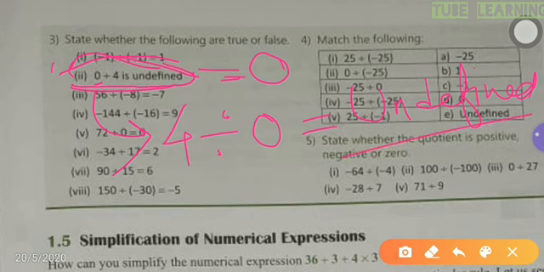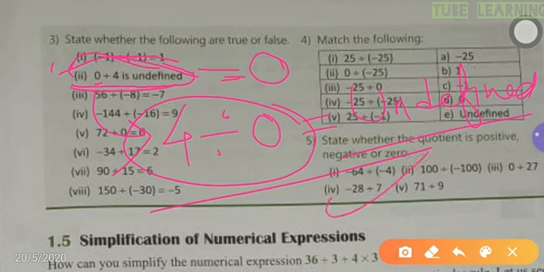If you divide any integer by 0, you will not get a result, you will always get infinity, that means this is called undefined. But if you divide 0 by any integer, then our result is 0, this is defined. So the second number is false, I said true. So you do this correction, the second number will become false.